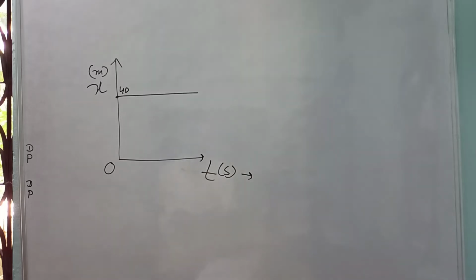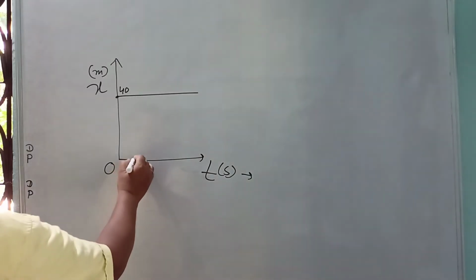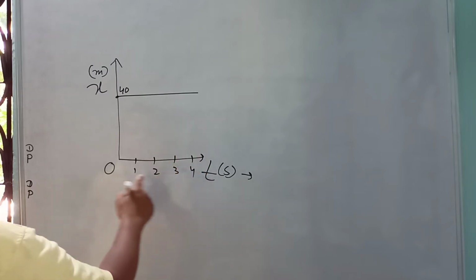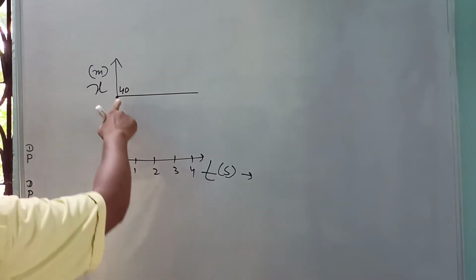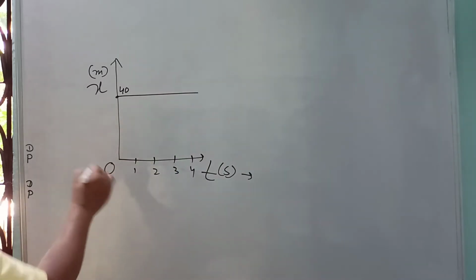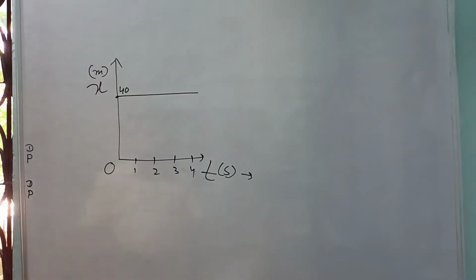In 3 seconds, x is 40 meter. So with time, the position is the same, constant. What does it mean? The body is at rest.